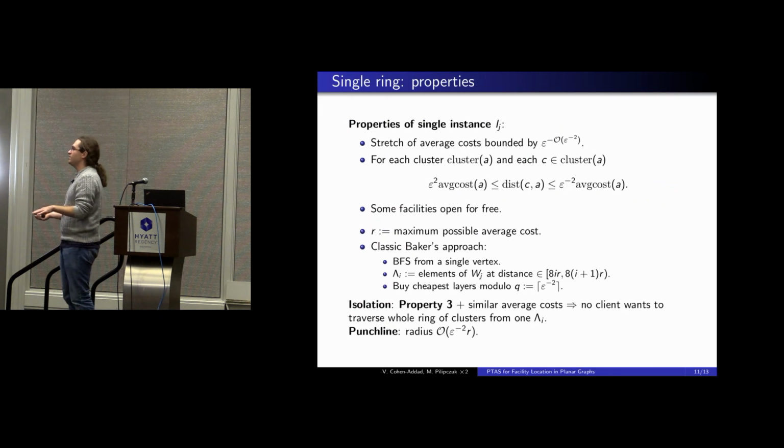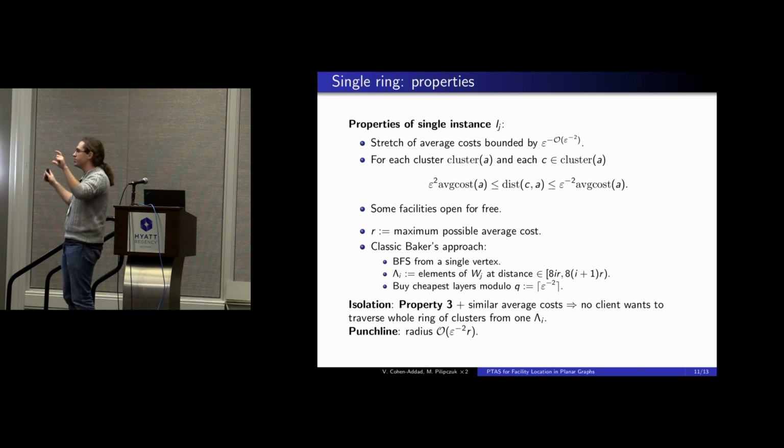I just skimmed over it because I didn't think this is that tricky or innovative. What I'm doing here is looking at the possible maximum average cost, and I'm doing a BFS, a shortest path tree actually, from one vertex, and thinking of one ring of my Baker. The thickness of one ring is some large constant times the maximum possible average cost.